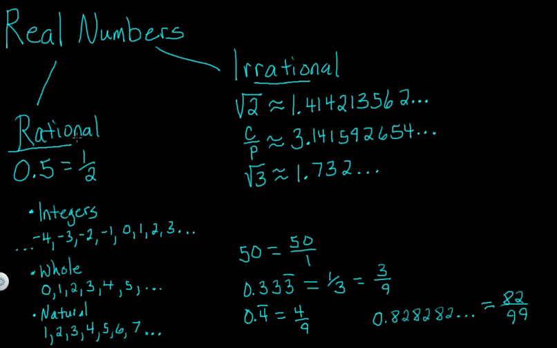These are our rational numbers, and this is what we are basically going to be dealing with. So as we start talking about decimals, keep in mind that a decimal is a rational number, unless it is a non-repeating, non-ending decimal, such as these examples here.